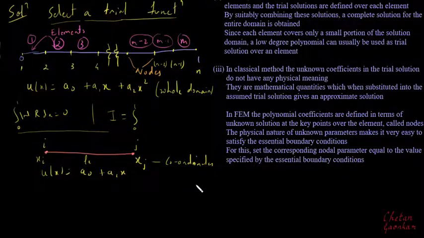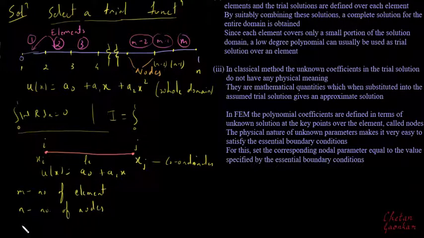So here, m stands for the number of elements. These are very important terms. N stands for the number of nodes. Then I comma j stands for node numbers.